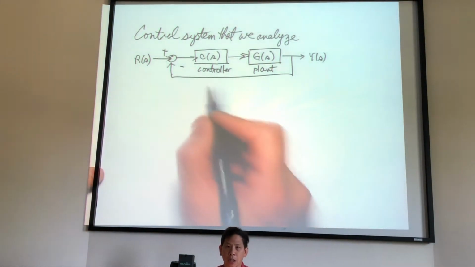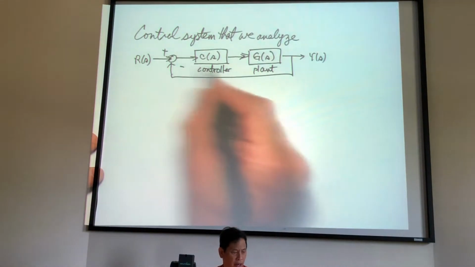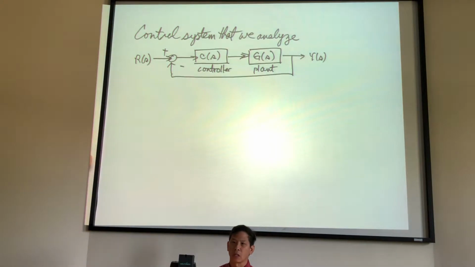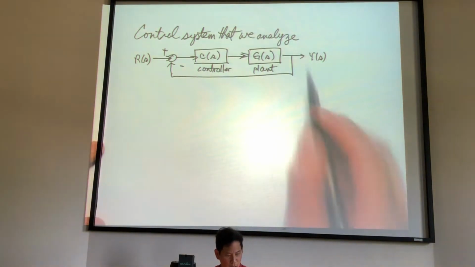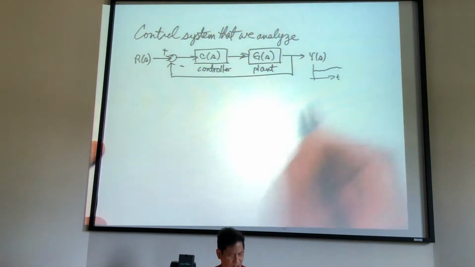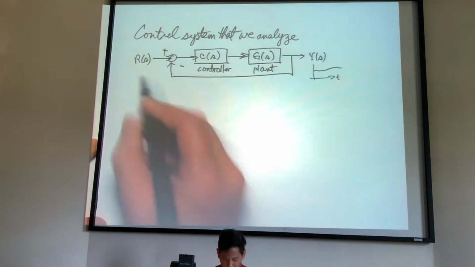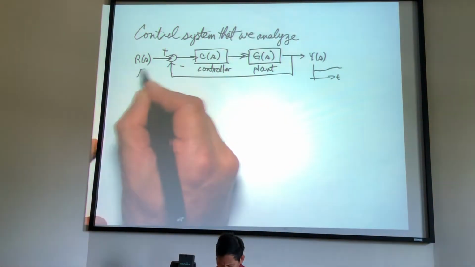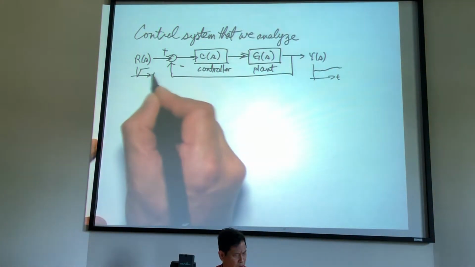All right, so the assumption is that every signal here, every arrow here, is a continuous time signal. So if somebody was to say, sketch the signal, you would say, okay, it might look something like this. You draw it continually, and the reference is a signal that you say exists continually in time.